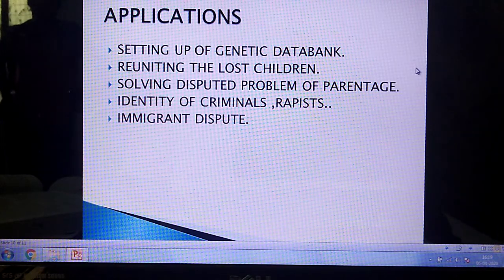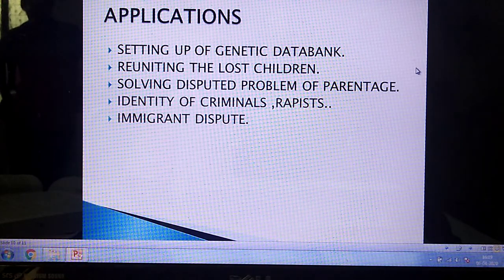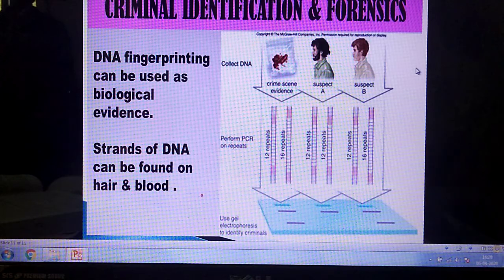Lost children can reunite with their parents with the help of DNA profiling, as DNA profiling provides the identity of an individual on the basis of the number of repetitions of the variable number tandem repeats, that is VNTRs, and then solving disputed problems of parentage, and then identity of criminals, rapists, etc. Immigrant disputes can also be solved through this DNA profiling technique.